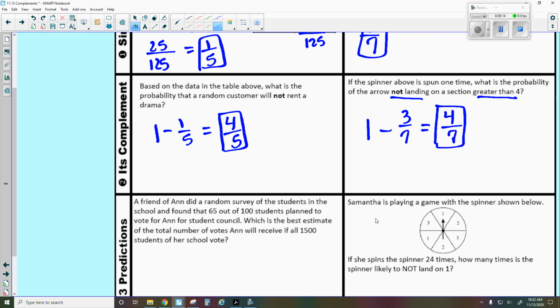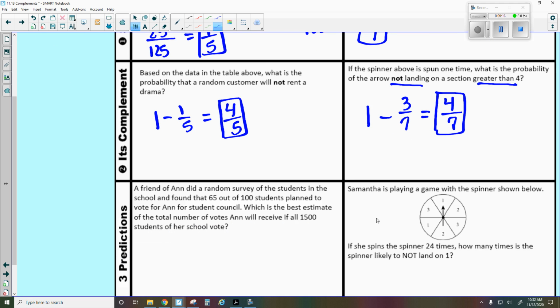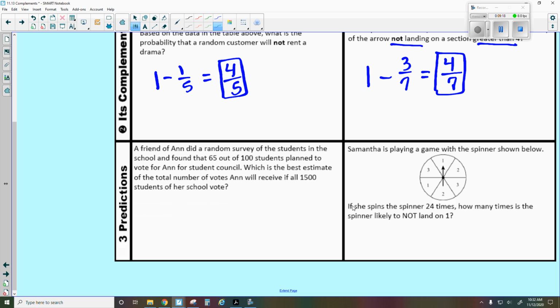All right, let's look at some prediction problems with simple probability. A friend of Anne did a random survey of the students in the school and found that 65 out of 100 students plan to vote for Anne for student council. Which is the best estimate of the total number of votes Anne will receive if all 1,500 students of her school vote?